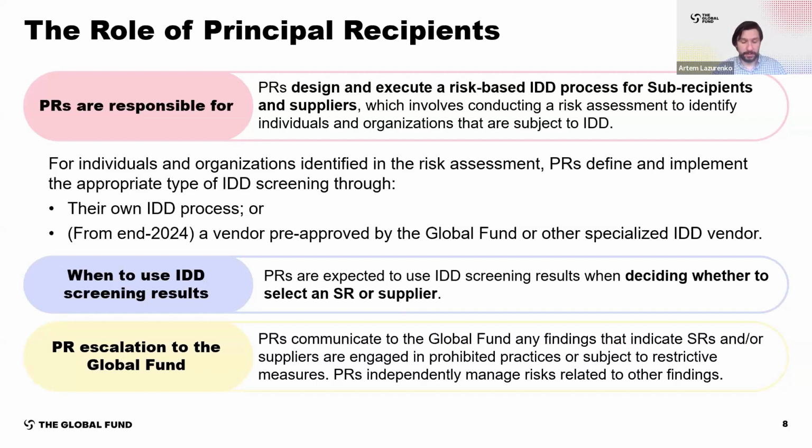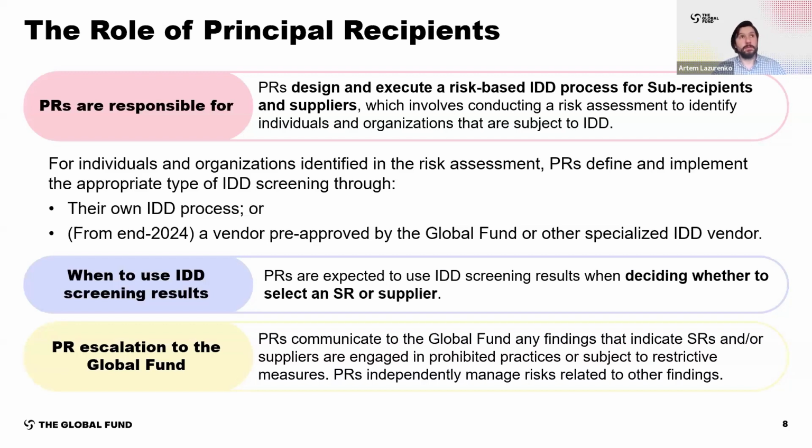The principal recipients engage a wide variety of counterparties, and they're exposed to risk to a different level. Some are already well known to the principal recipient, and their engagement with the Global Fund implementation can be fairly arm's length, with little potential impact on the integrity of the program.